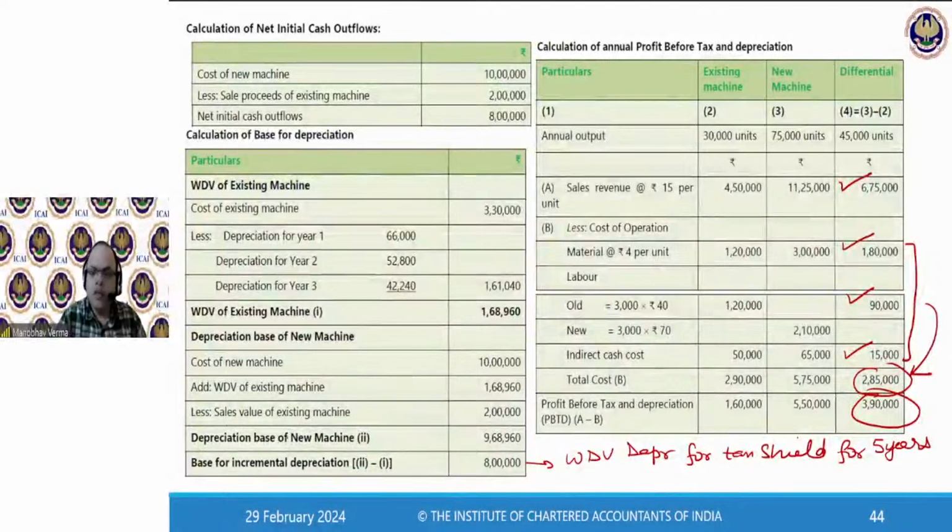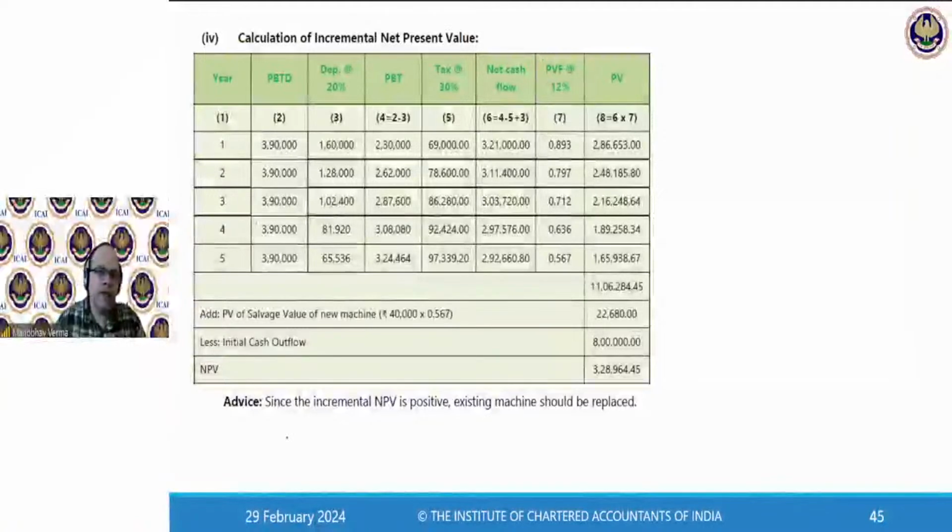Okay. So now let's compile this with respect to the information we have. The profit before tax and depreciation for every year, coming from the last slide, is 3,90,000. And we know what the depreciation to be charged on 8 lakh initially is. So first year depreciation is 1,60,000. That means it will reduce my profit before tax to 230. And on 230, we are calculating the tax.